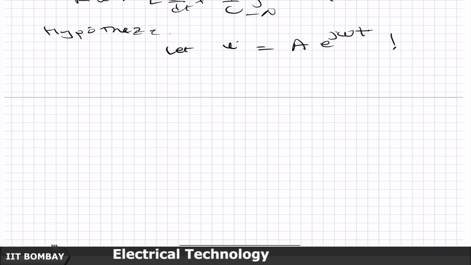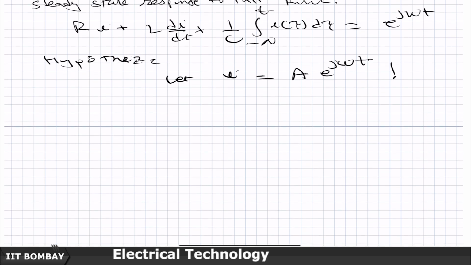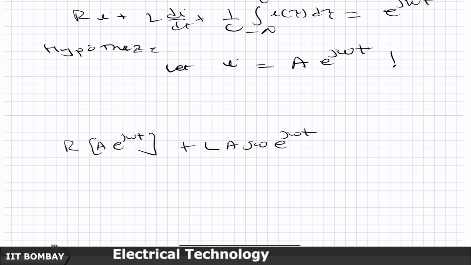So, what we will now do is substitute this hypothesis here and equate it on the right hand side to e to the power j omega t and see what we get. So, what we get is R times a e to the power j omega t plus L times a j omega e to the power j omega t, because if I take d by dt of this term, a is a constant, I do not have to do anything.